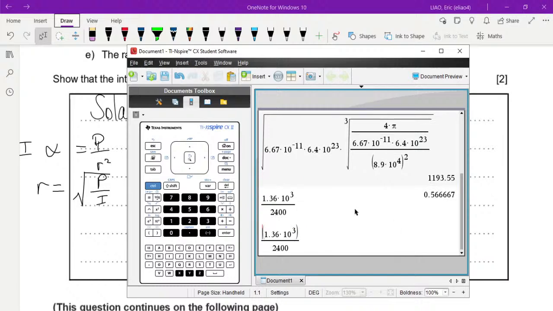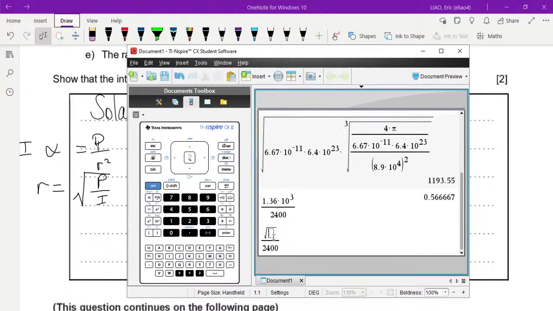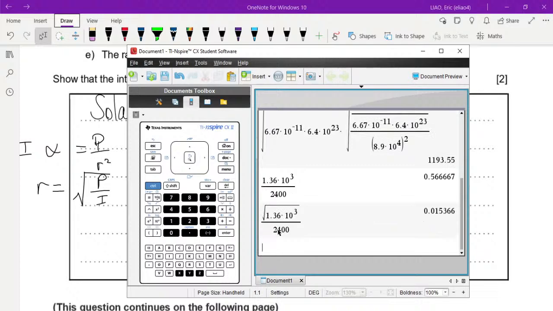Maybe we'll square root this. So that's what it seems to be heading somehow. Maybe not.